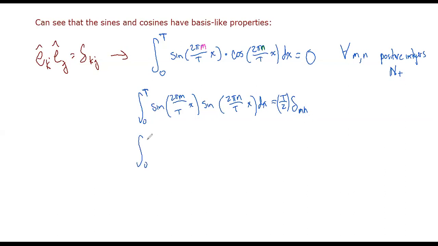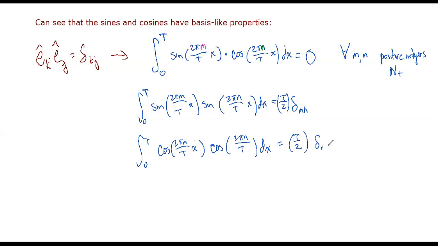But it's got the Kronecker delta part. That's good. And likewise, cosine 2 pi m over T times cosine. So mixed sine and cosine vanish because of odd-even symmetry arguments. But if you take one of the odds and one of the odds, or one of the evens and one of the evens, they almost do Kronecker delta stuff.